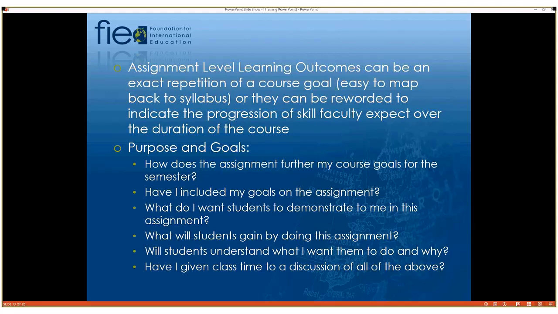Have I included my goals on the assignment? What do I want students to demonstrate to me in this assignment? What will students gain by doing this assignment? Will students understand what I want them to do and why? And have I given class time to a discussion of all the above?